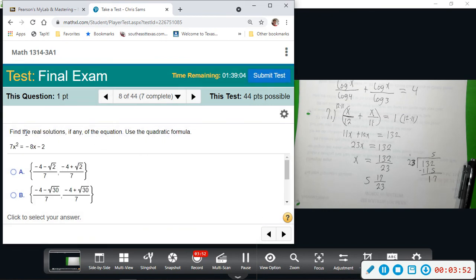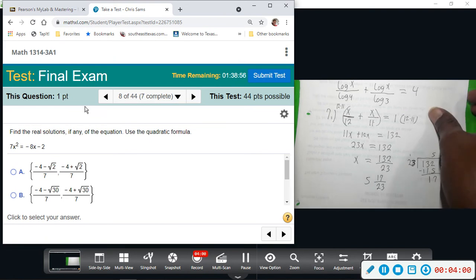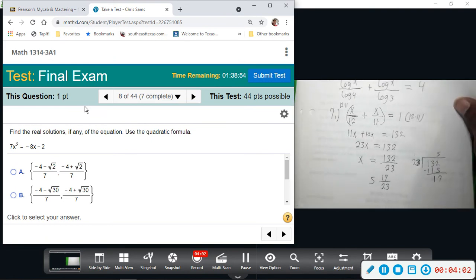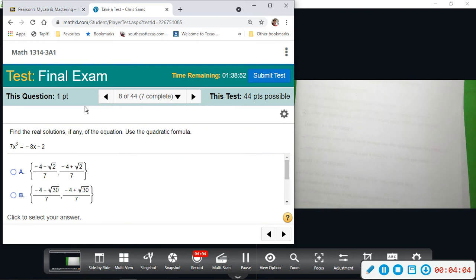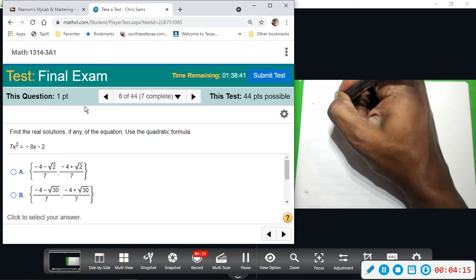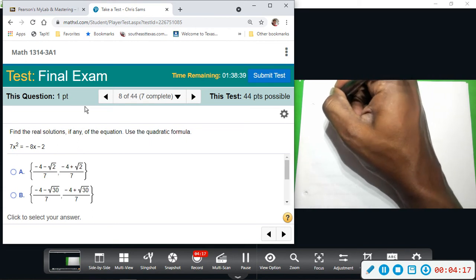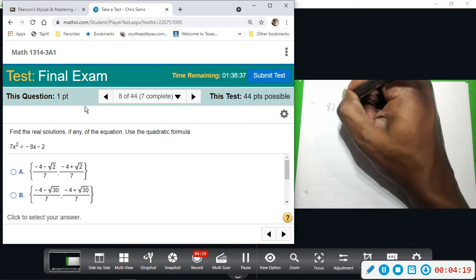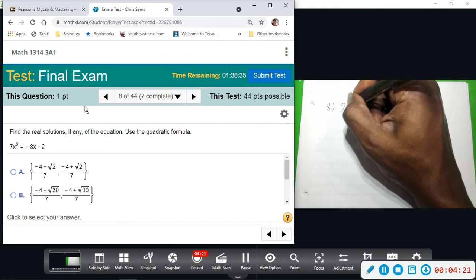And then 8 wants us to find real solutions of any of the equations using the quadratic formula. Alright, so we're going to use quadratic formula. X squared.